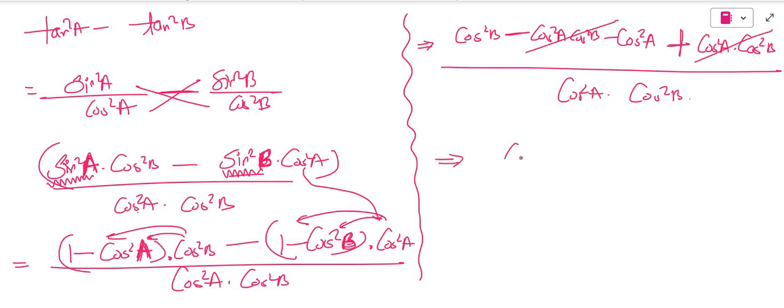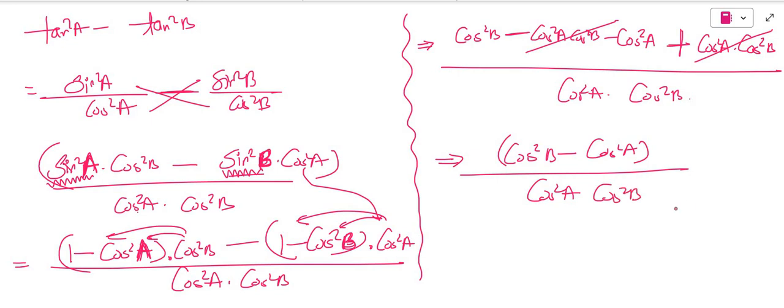So we are getting cos square B minus cos square A by cos square B. Hence proved. So this is what we were supposed to prove. So this is hence proved.